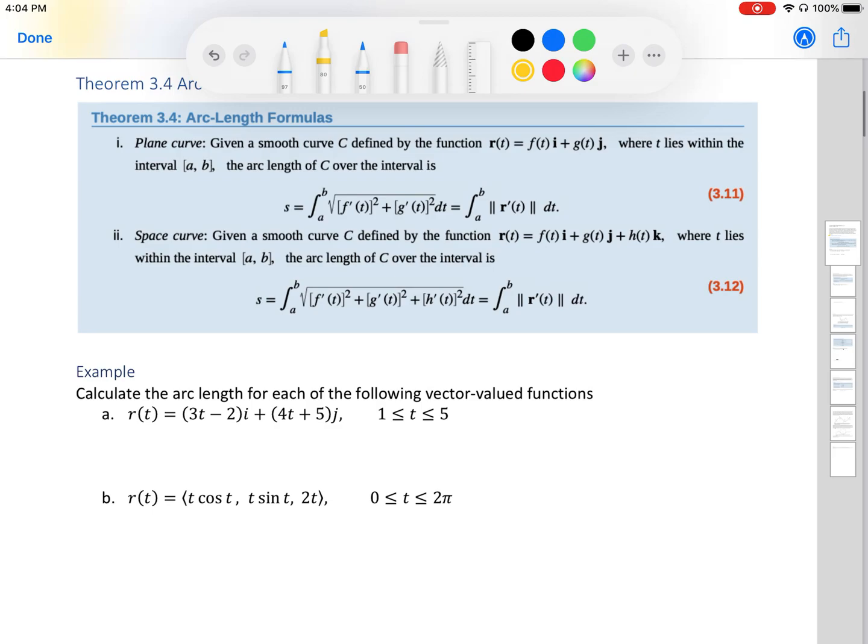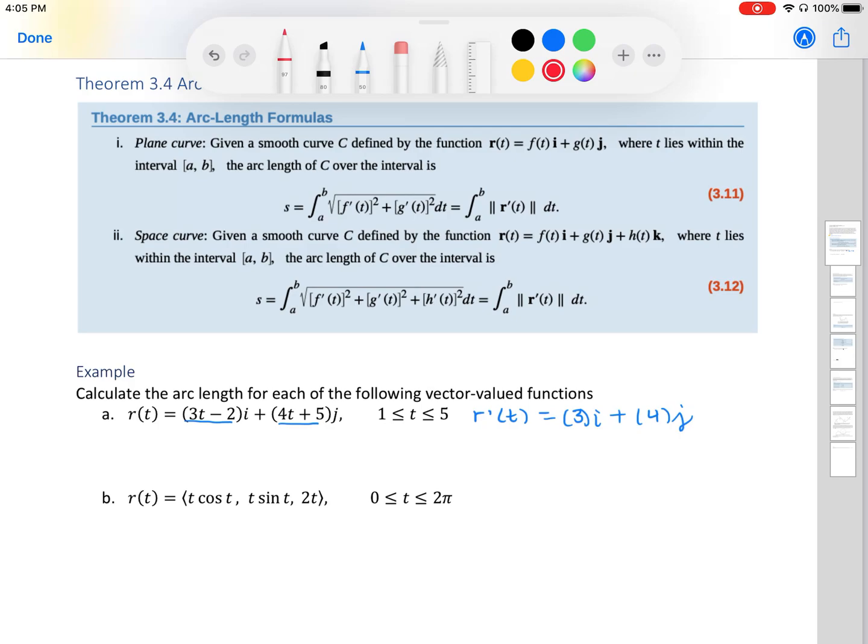According to our definition, we're going to use that interval and apply the integral of the magnitude of the derivative. So let's go ahead and take the derivative. r prime of t is equal to 3i plus 4j. I just took the derivative of each component in i and j.